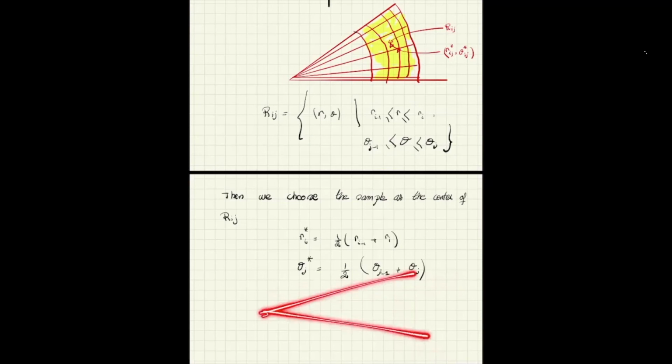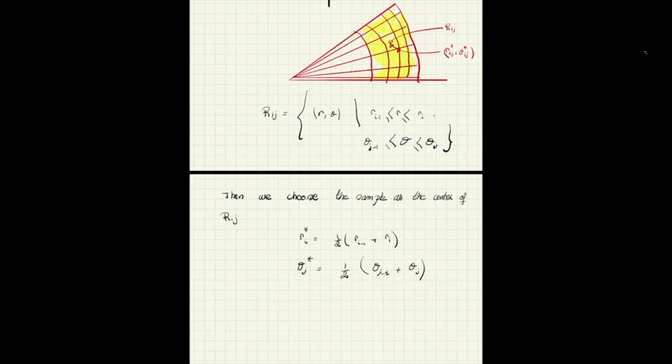This here is theta_j minus theta_{j-1}, which gives you this angle. When you divide by 2, it gives you half of this angle. Then you do the same thing for r, divide by 2, and go here, and it gives you the center. That's the center of the rectangle.